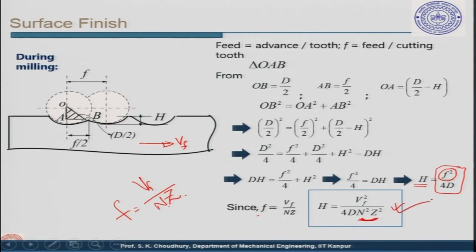Using this equation, you can also see that for comparable feed in turning and milling, the surface finish in milling will be better. This is simply because milling works with many teeth, whereas the single point cutting tool, particularly when sharp, gives more surface roughness.